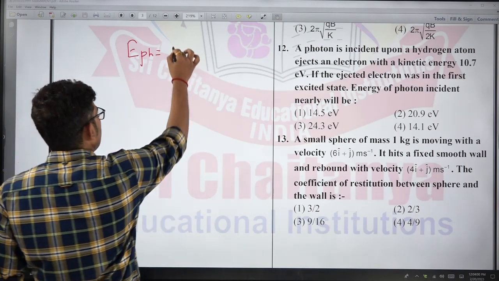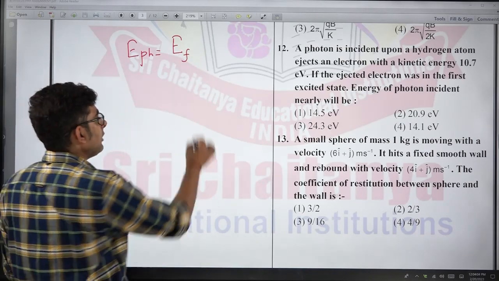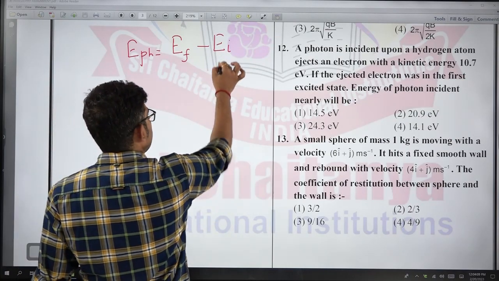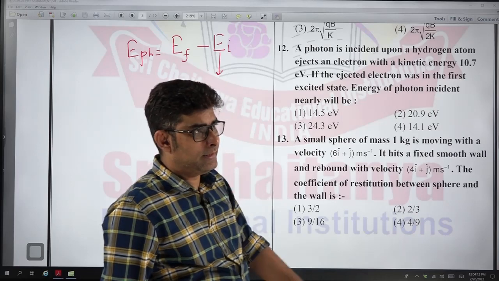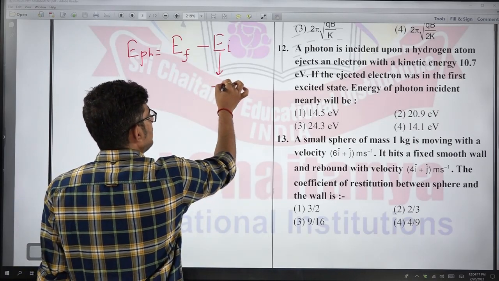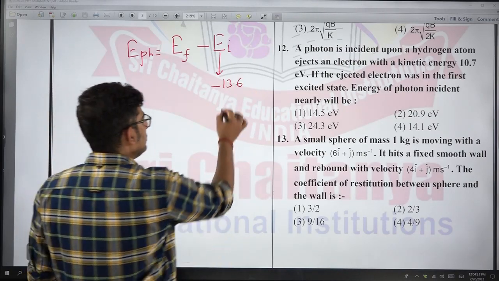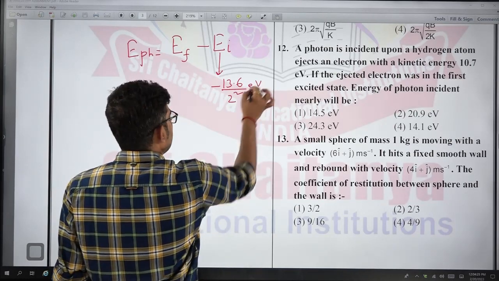10.7 electron volt. So we can say this is equal to the final kinetic energy of the electron minus the initial energy of the electron. Now what is the initial energy of the electron? Initially the electron is said to be in the first excited state. In the first excited state, the energy of an electron in a hydrogen atom, you should know, first excited state means n equals 2. N equals 2 means minus 13.6 by 2 square eV, which is how much?